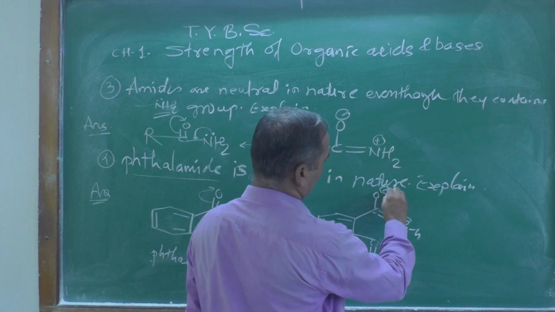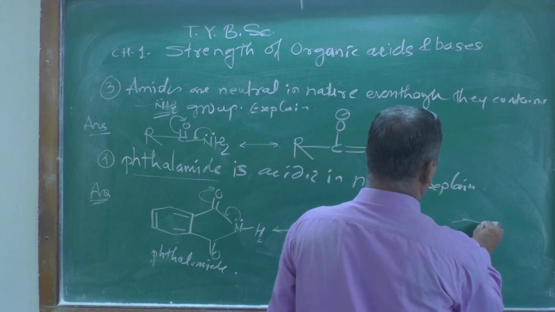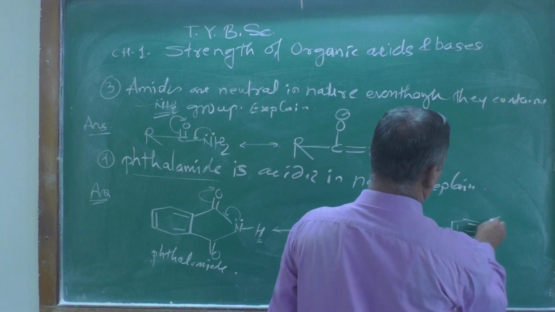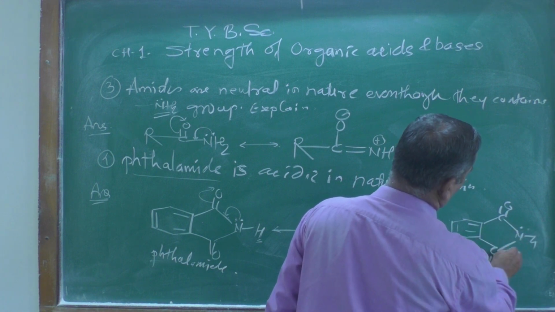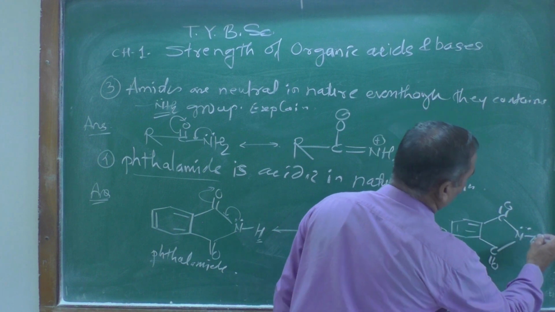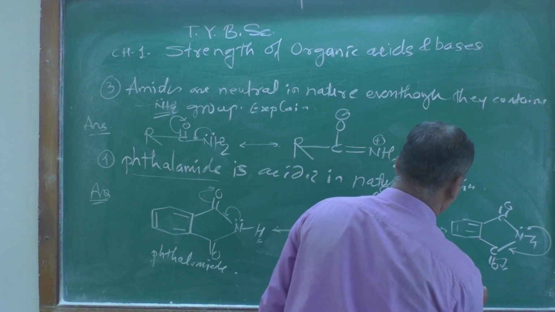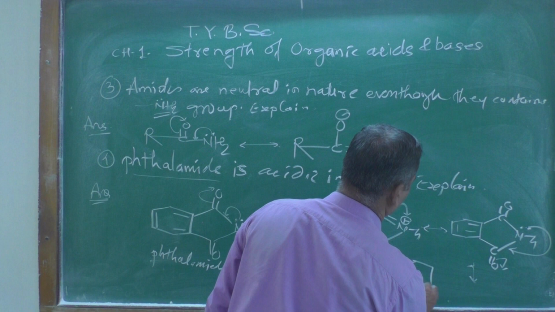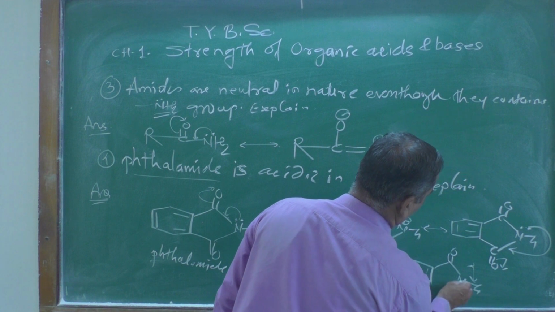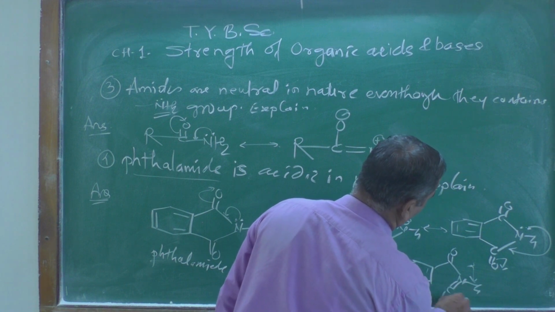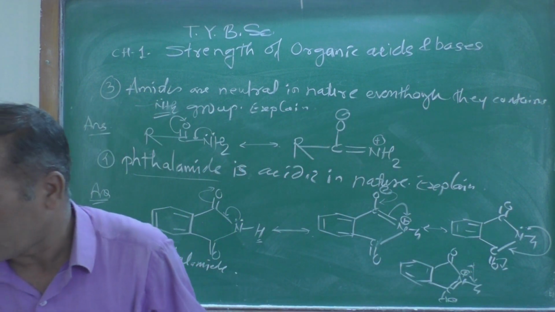Now this negative charge is coming back, and this positive charge gets neutralized, and you are going to get the next structure, which is this one: C double bond O, NH, lone pair here, C double bond O. Then again this lone pair moves this side forming a double bond, with a negative charge over there, and you are going to get another structure: C double bond O, then NH, then double bond C O minus. Here is the negative charge, and the positive charge must be coming on the nitrogen atom.